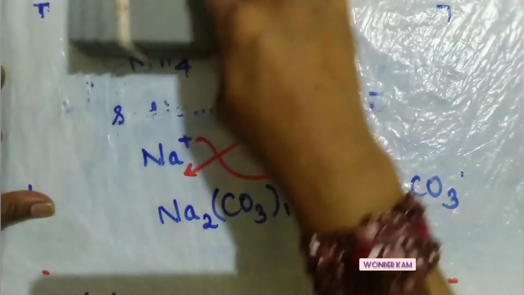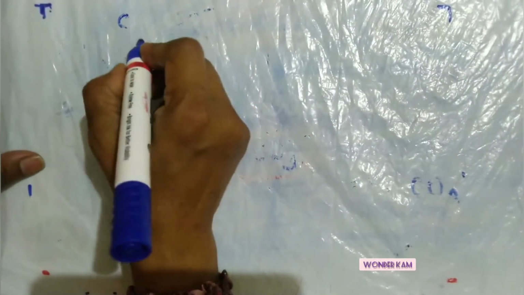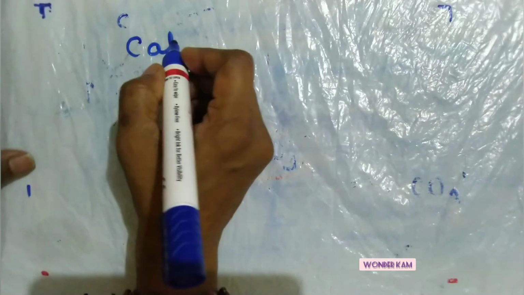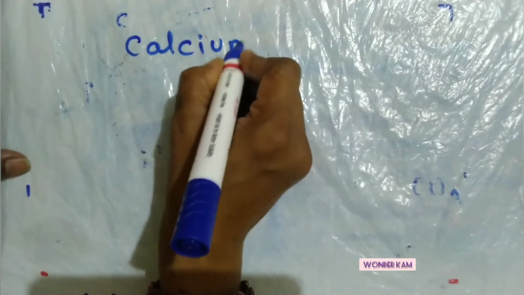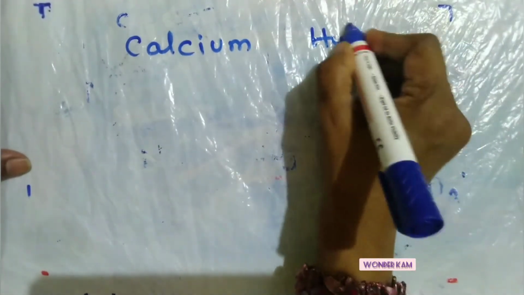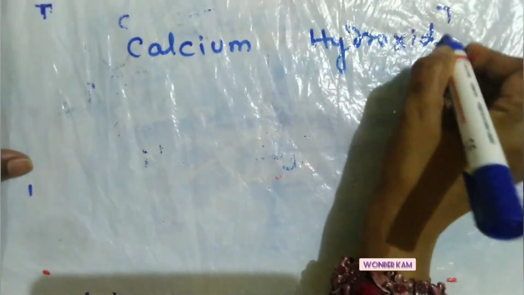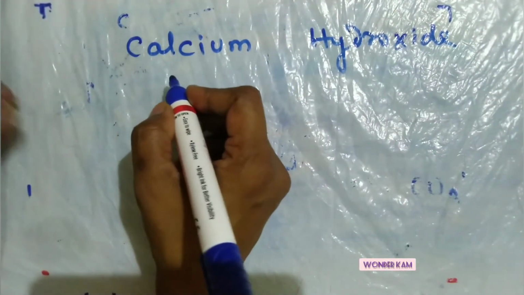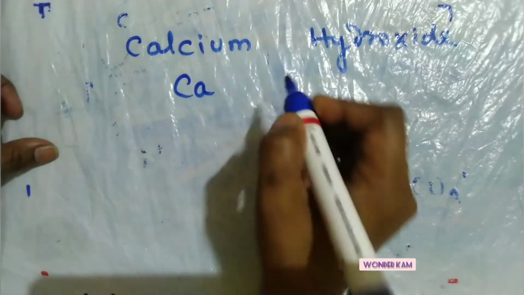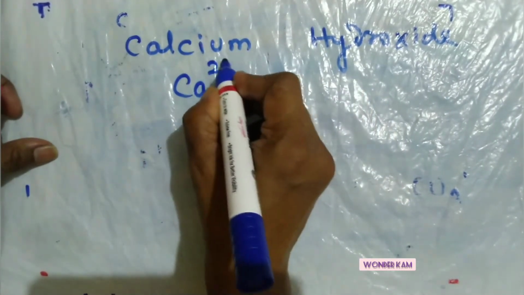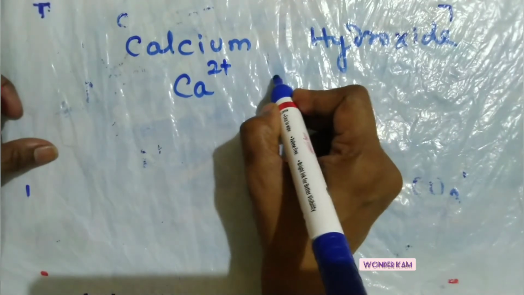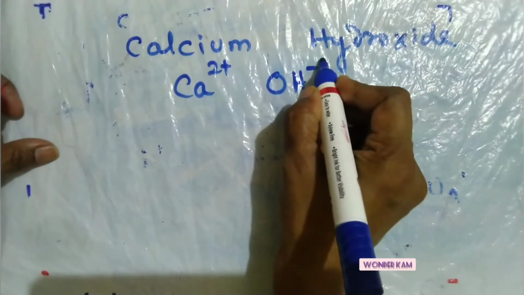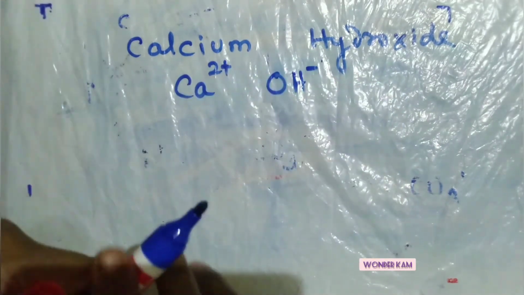Next, one more, calcium hydroxide. First we write the symbol of calcium with its charge, plus 2, and hydroxide, minus 1.